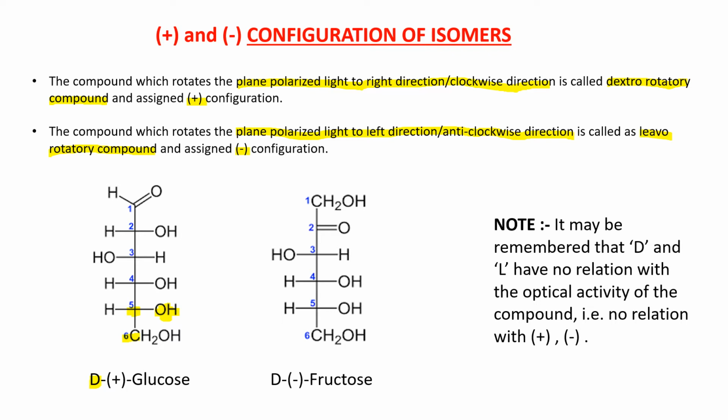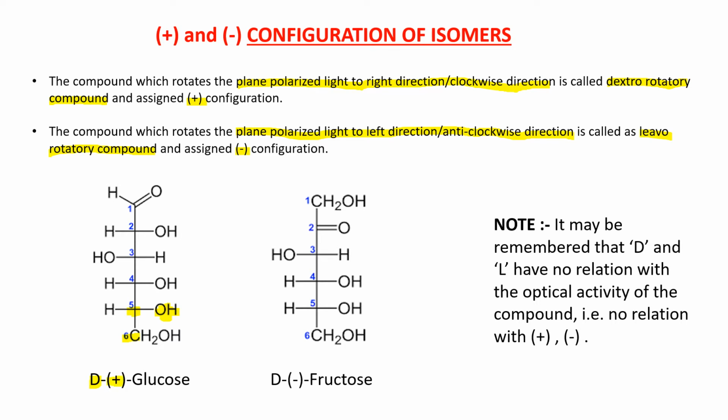So if the OH is on the right side, then D configuration is assigned. When this molecule is put into the experiment, it rotates the plane polarized light to the right or clockwise direction. Hence, it is assigned plus configuration.